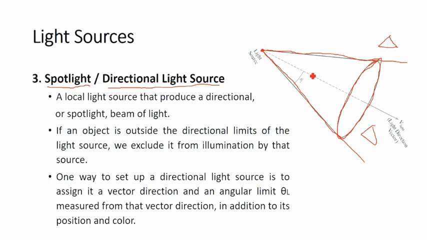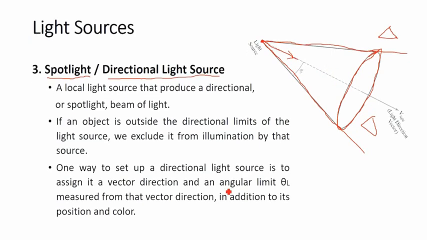So now what are the things that we need to know apart from the position of the light and the direction of the light? What is required in order to model this kind of light source? We need to know the cutoff angle, or the angular limit, for this cone.